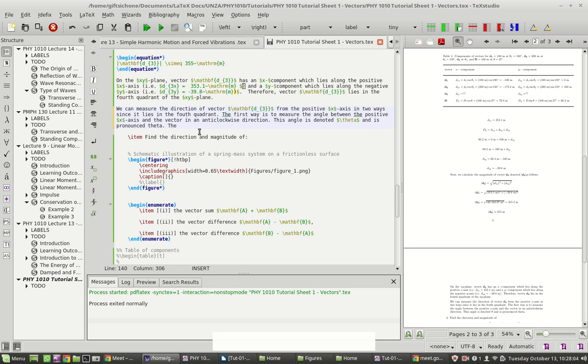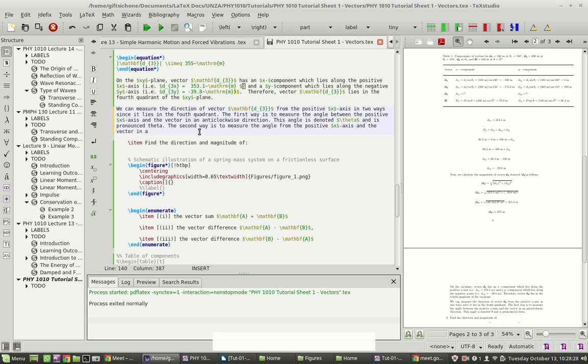The second way is to measure the angle from the positive x-axis and the vector in a clockwise direction.